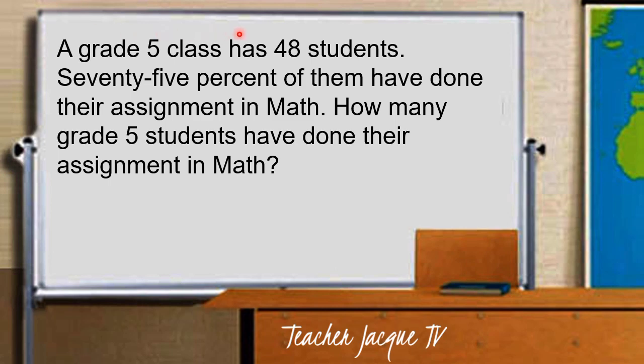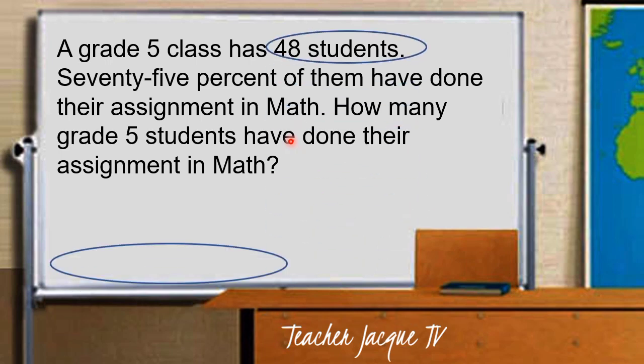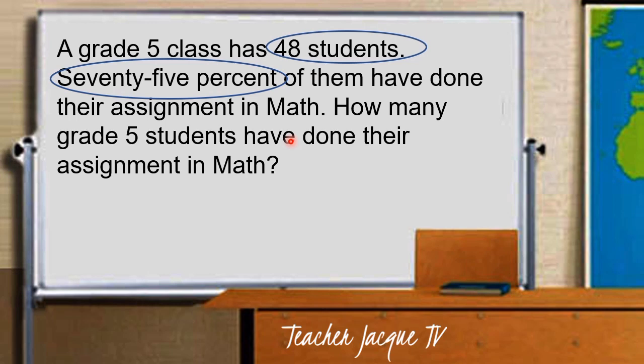A grade 5 class has 48 students. 75% of them have done their assignment in math. How many grade 5 students have done their assignment in math? So, ang ating given ay 48 students and 75%.